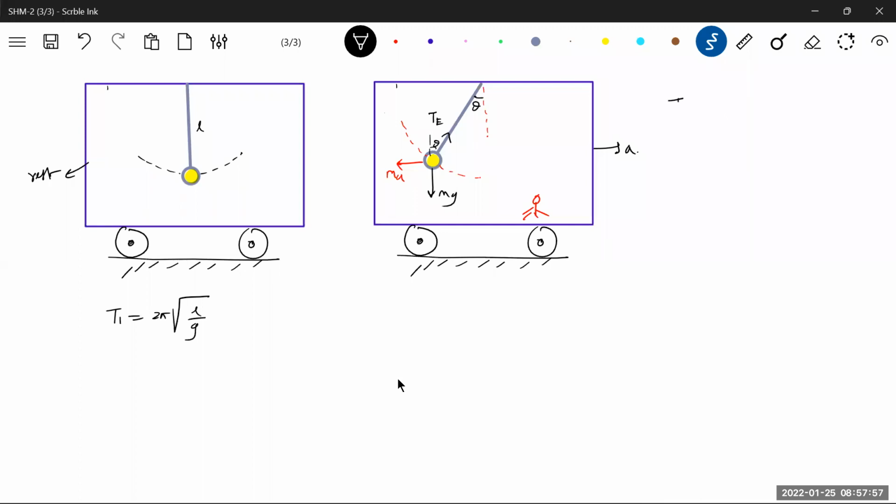Then we have the formula T equal to 2 pi root of L by g. This I will ask you to rewrite. Already we have written this, no? Can I adjust it? Here I'll go for g effective.